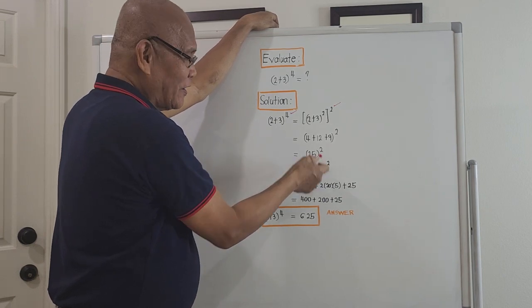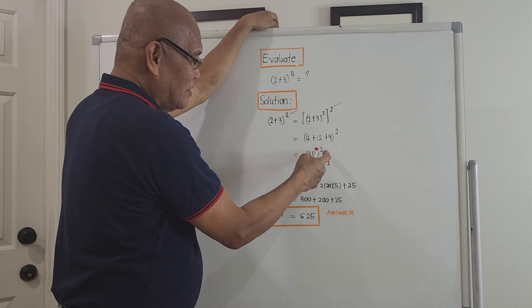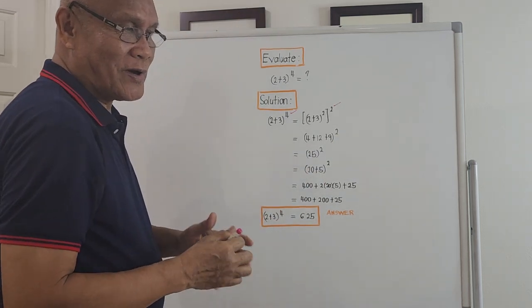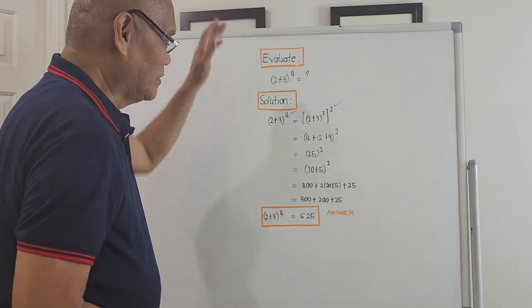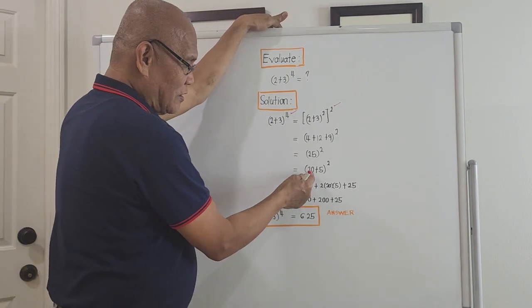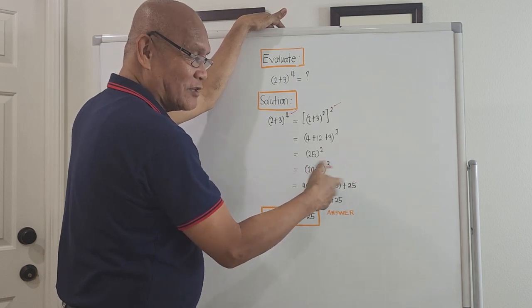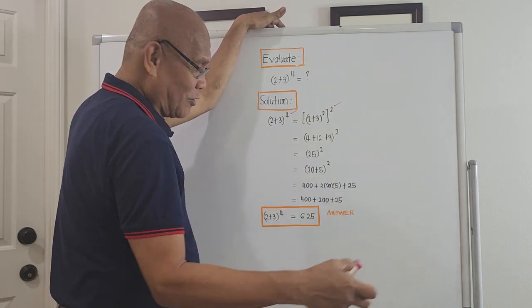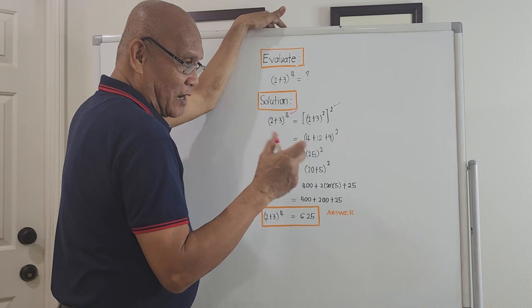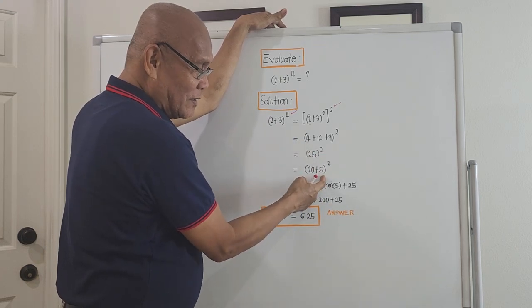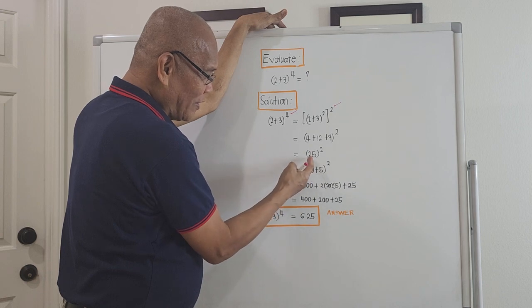For 25, again by using the power 2, we could write 25 as a binomial again. It can be written as 20 and 5 or 15 and 10. It depends on you. But for this solution, I will be writing the binomial equivalent of 25 to be 20 and 5, because 20 and 5 is actually 25.